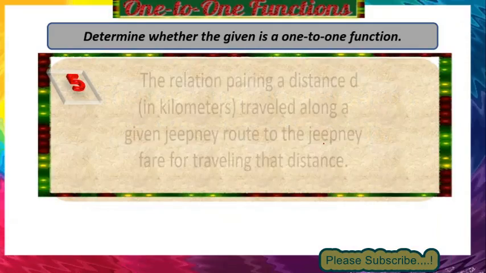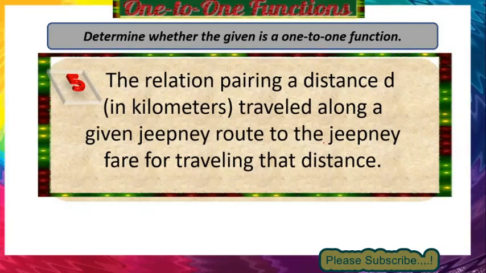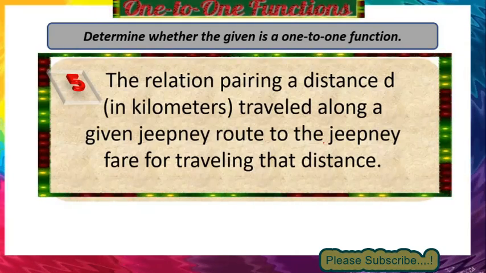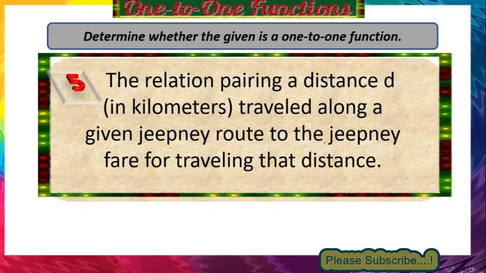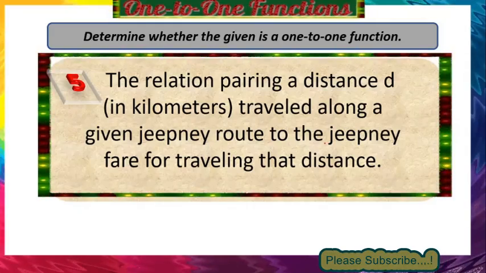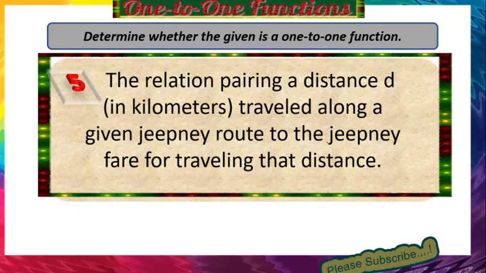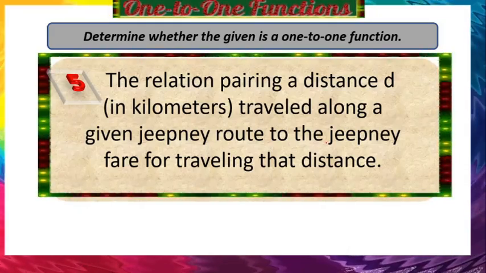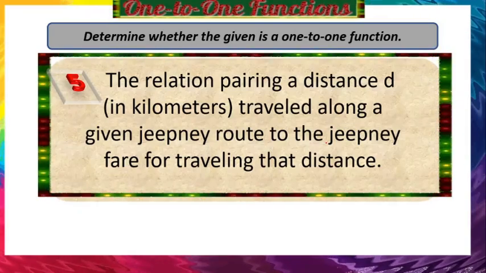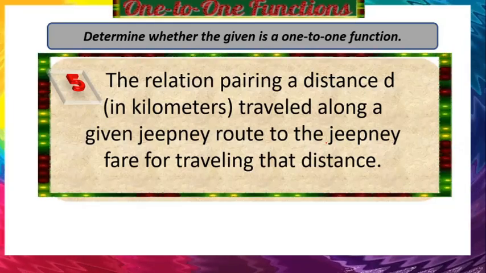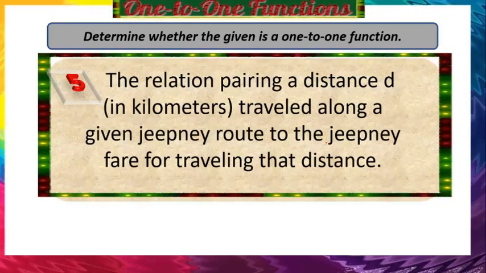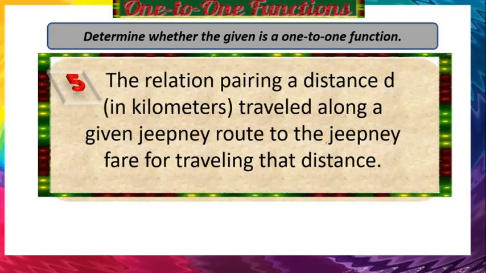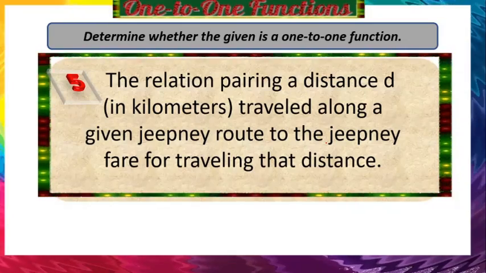This one, the relation pairing a distance in kilometers traveled along a given jeepney route to the jeepney fare for traveling that distance. So in this case, this relation is a function. At the same time, this is not a one-to-one function.